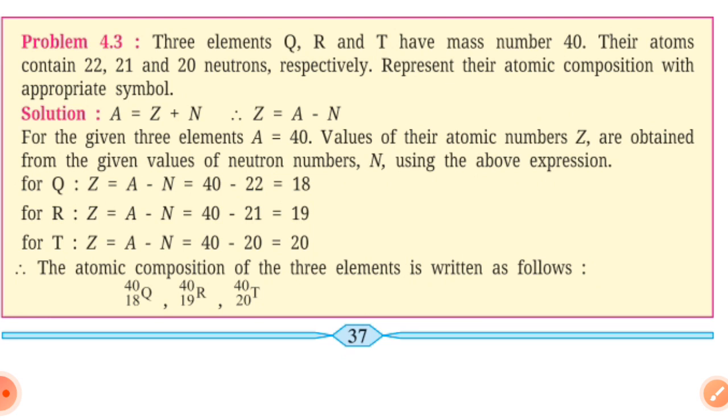For T, Z is A minus N, 40 minus 20, which is equal to 20. The atomic compositions of the three elements are written as follows: 40 18Q, 40 19R, 40 20T.